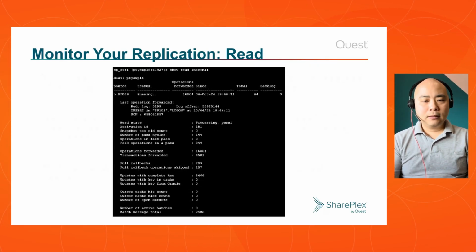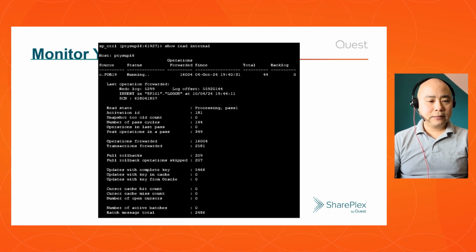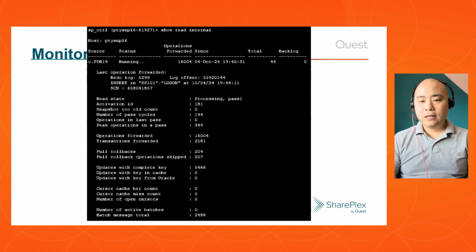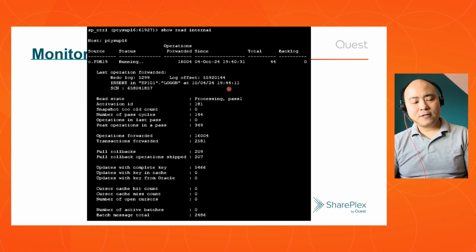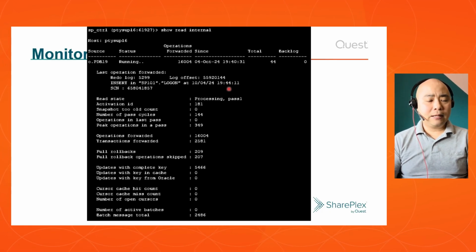Okay, here's an example of the show read internal. If you see here, we can see this section of last operation forwarded. It will show you the last message you processed. It will give you an idea how far behind read can be.